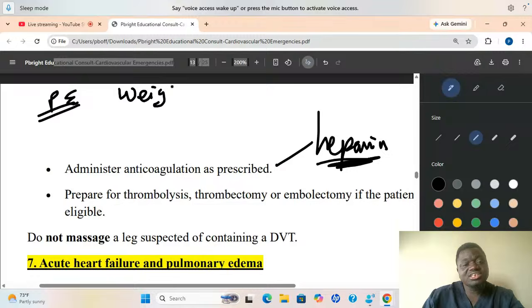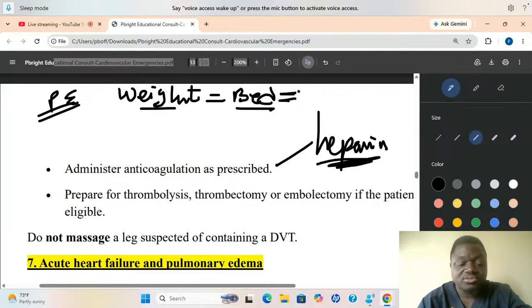What if the patient is unconscious? You should use the bed weight, the bed the patient is lying on. If you are working in a small hospital that doesn't have many beds with weight scales, take one bed that has a scale to the emergency room.